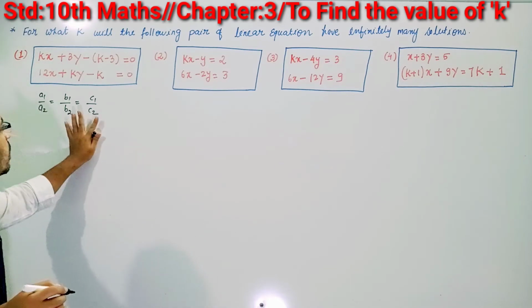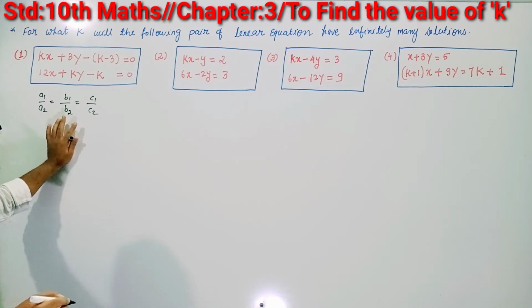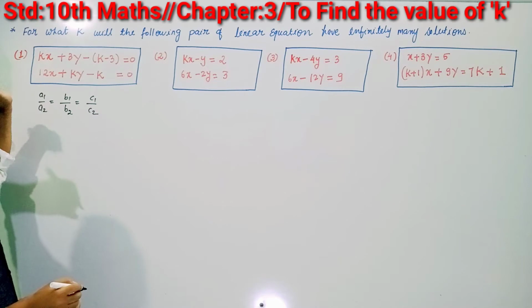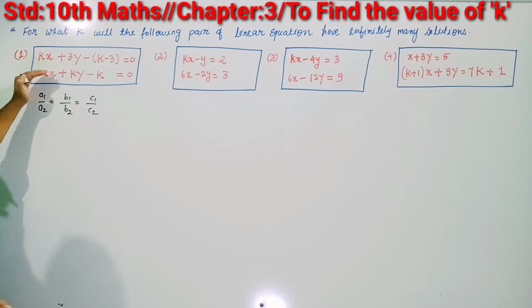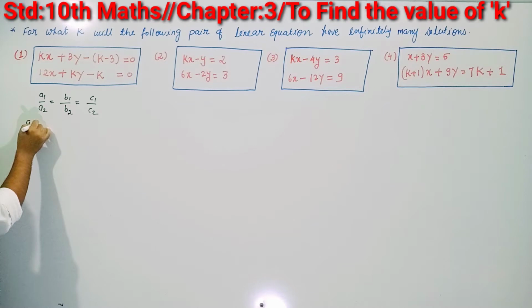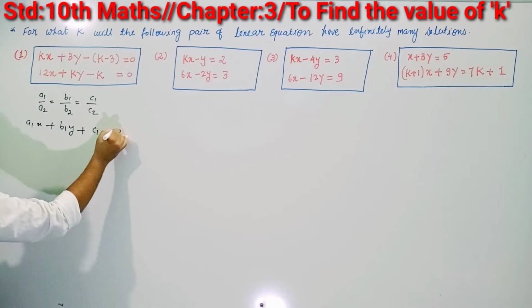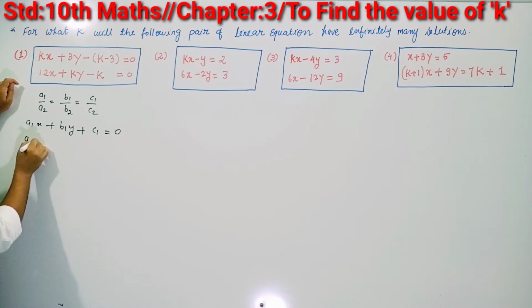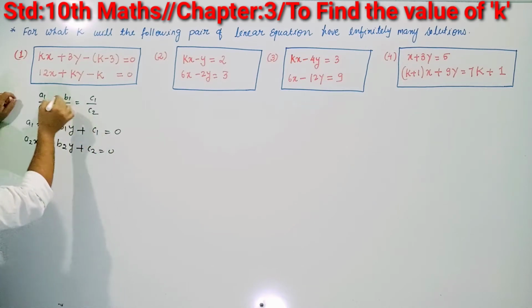Here we will substitute the values of A1, A2, B1, B2, C1, C2 and find the unknown value. From these equations you can compare the values of A1, A2, B1, B2 and C1, C2. This equation will be compared with A1 x plus B1 y plus C1 is equal to 0 and A2 x plus B2 y plus C2 is equal to 0.